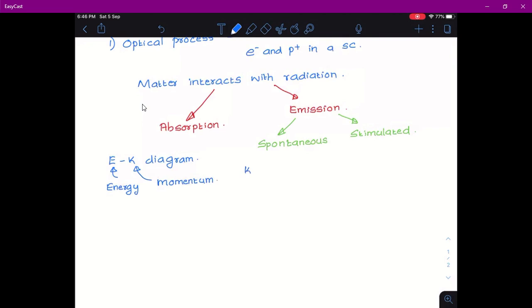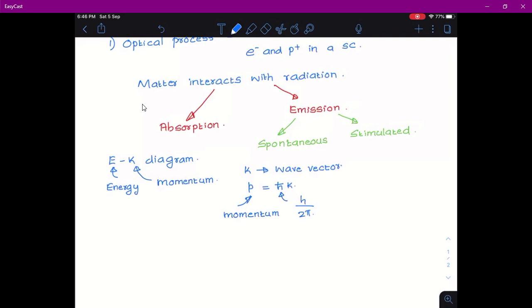K we usually call the propagation constant or wave vector, but you can always write the momentum P as h cross K, where h cross is Planck's constant divided by 2 pi and P is the momentum of a particle, such as an electron.